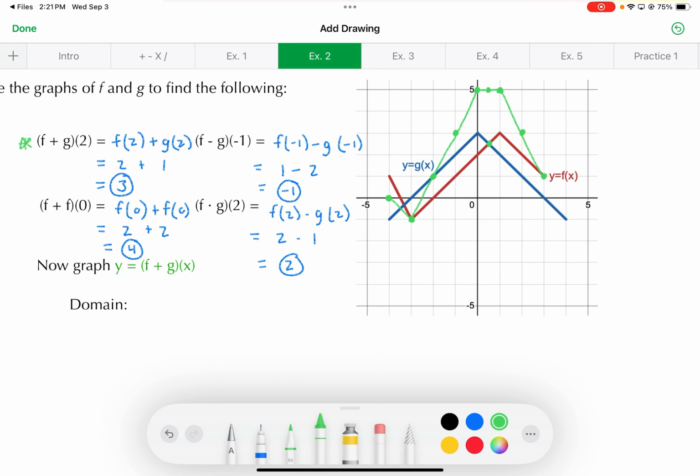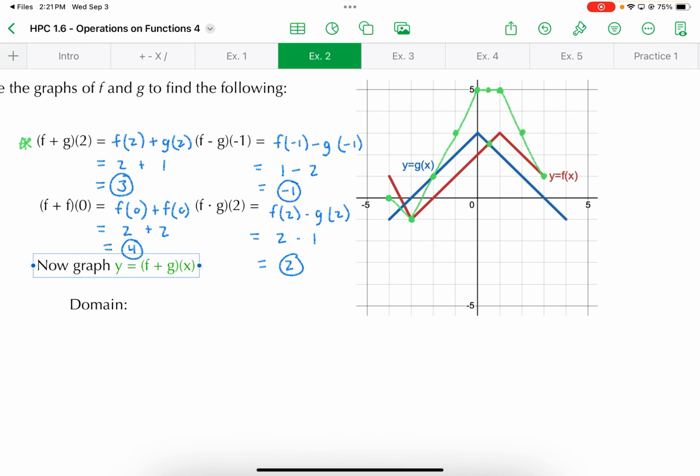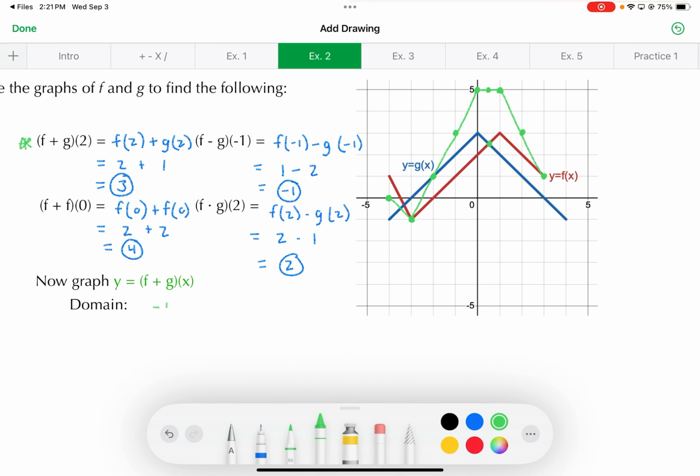What's the domain of that graph? Negative 4 to 3. Non-inclusive or inclusive? Inclusive for both. Very good.